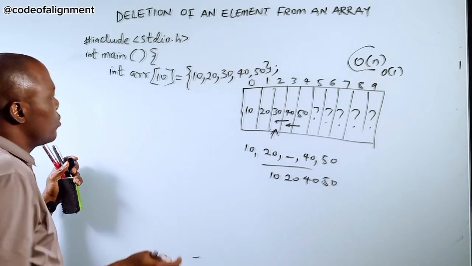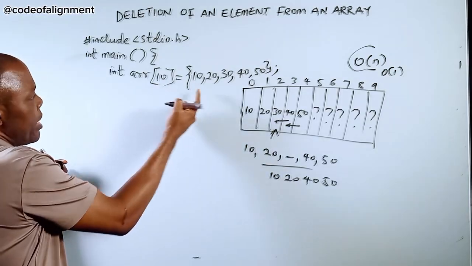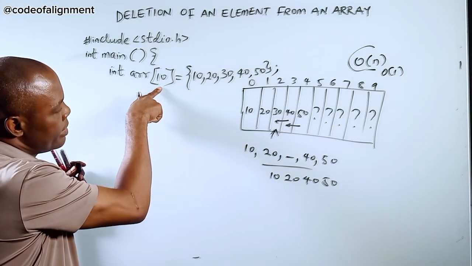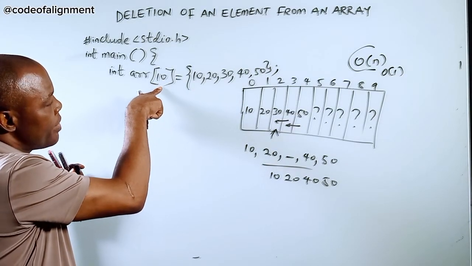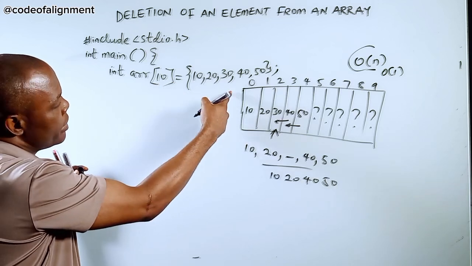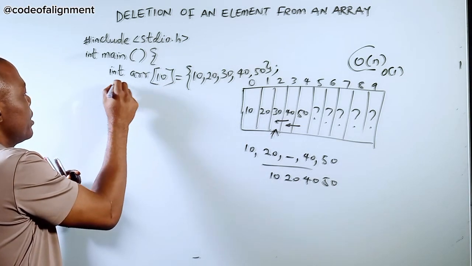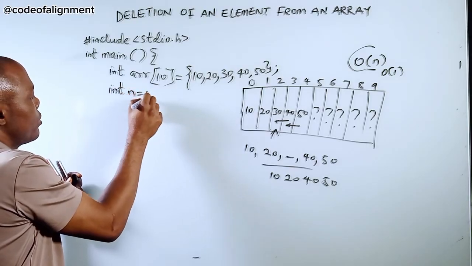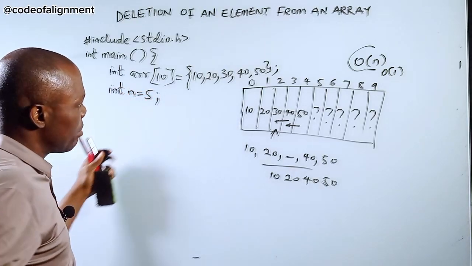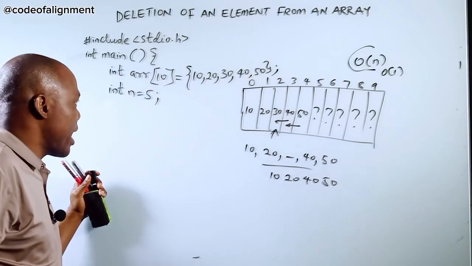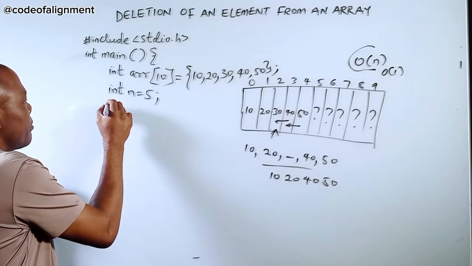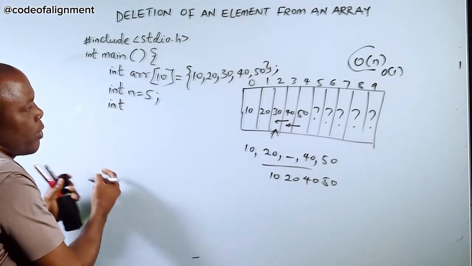So the next thing I will do is, I'll tell you, since I declared 10, the array size is 10, and I'm supplying only this, so I have to state it. So int n equals 5, meaning I'm only supplying 5 elements to the array. Then I want to delete from which position?